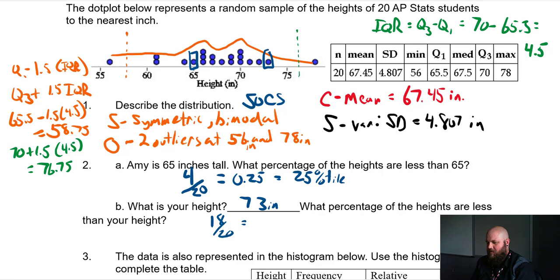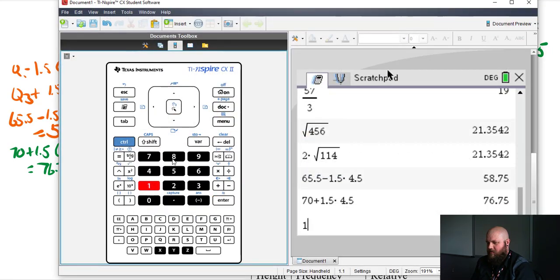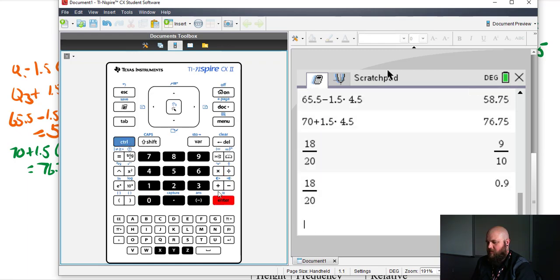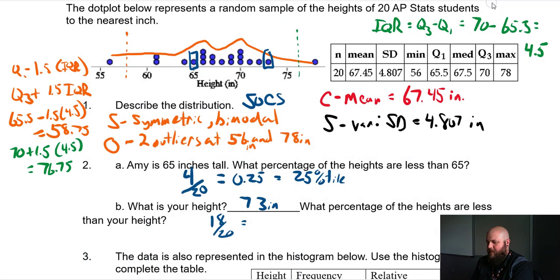And what does that give us? 18 out of 20. Get a decimal there for that one: 0.9, right? So that should give us 0.9, which is 90%.